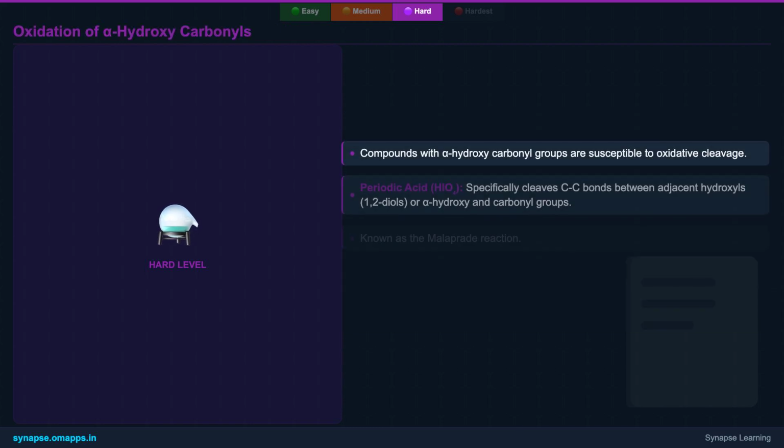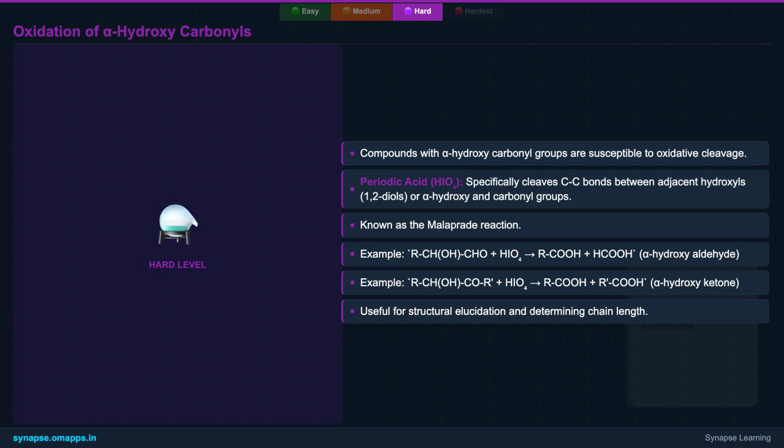Beyond simple aldehydes and ketones, alpha-hydroxycarbonyl compounds offer another interesting oxidation pathway. Periodic acid, or HIO4, is a highly specific reagent that cleaves C-C bonds between carbons bearing hydroxyl groups or an alpha-hydroxy and a carbonyl group.